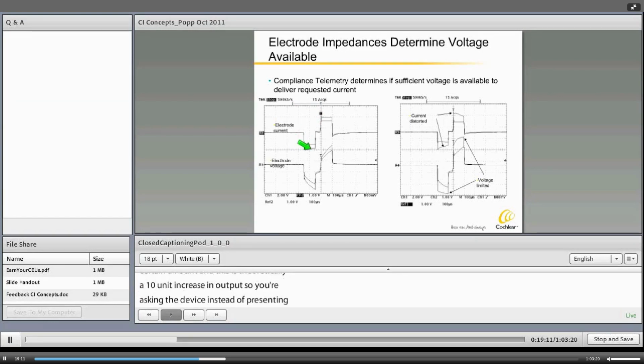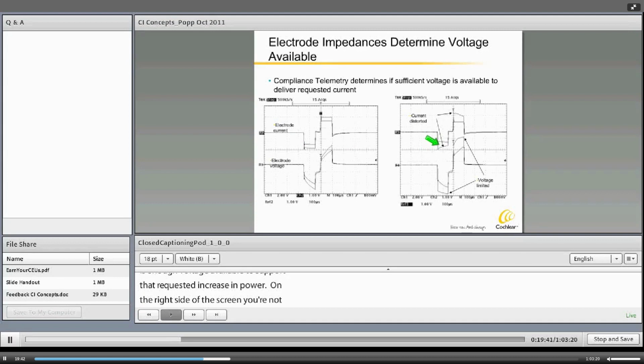You're asking the device, instead of presenting at 120 current level, let's present at 130 current level. Because you can see a nice equal increase in output of that pulse in both the negative and the positive side, there is enough voltage available to support that requested increase in power.